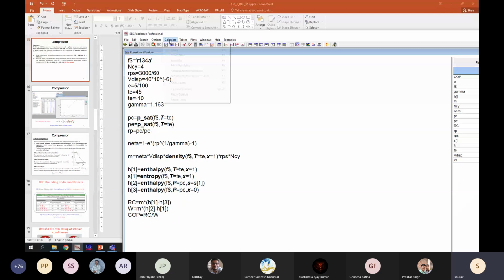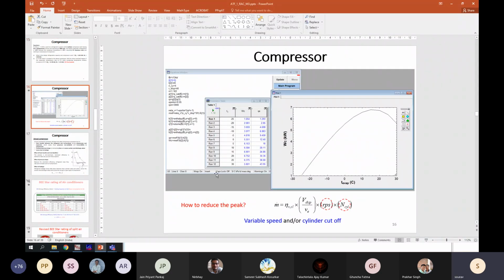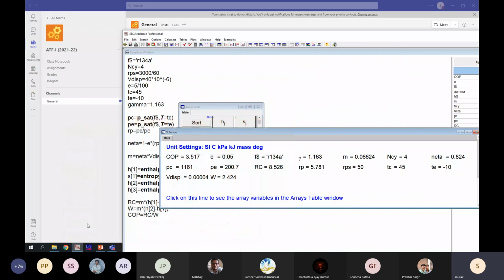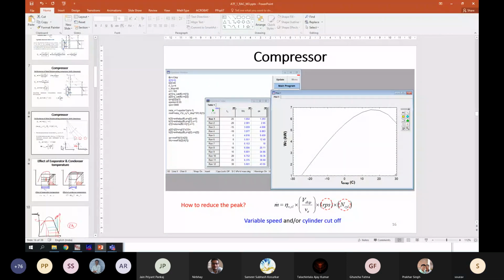And okay, let's check the ambiguities. Let's see this code. Maybe I think we have made a mistake in writing the expression for volumetric efficiency.